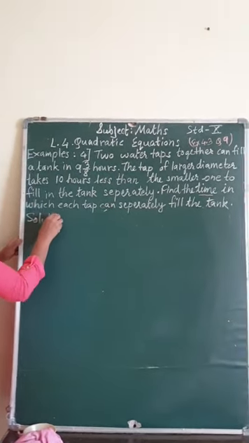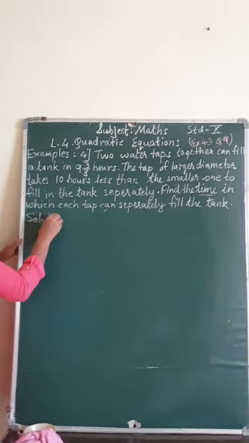So x plus x, 2x minus 10 upon x square minus 10x is equal to 8 upon 75. Now cross multiplying, 75 comes here and multiplies with (2x minus 10), keeping it in bracket, is equal to 8 multiplied by (x square minus 10x).